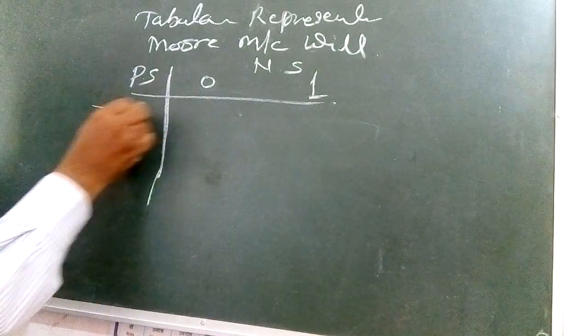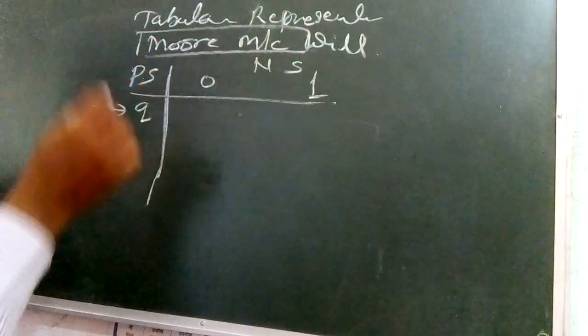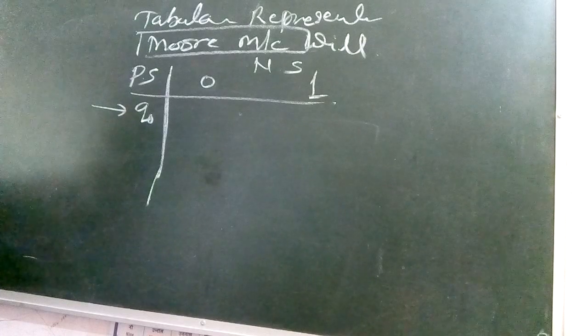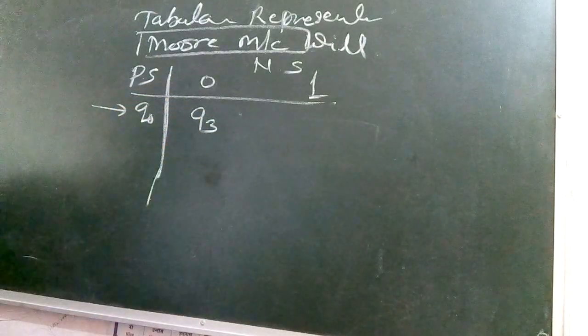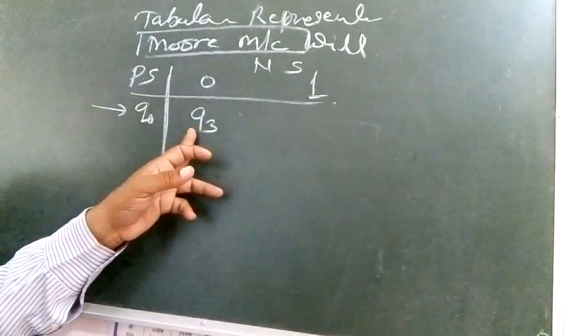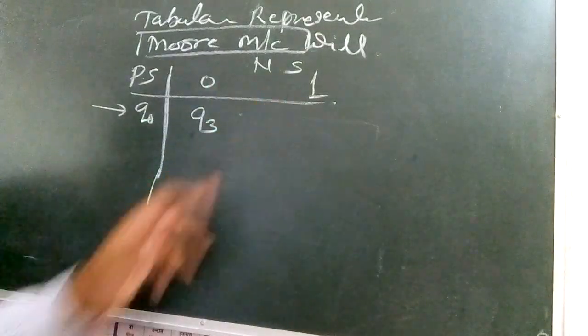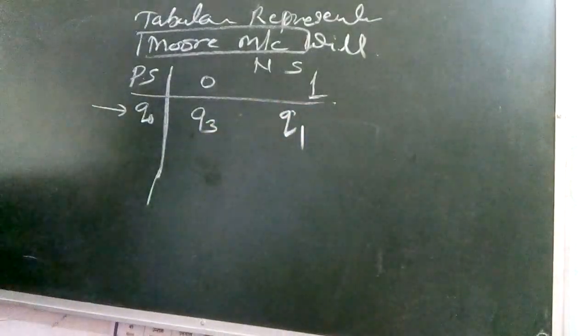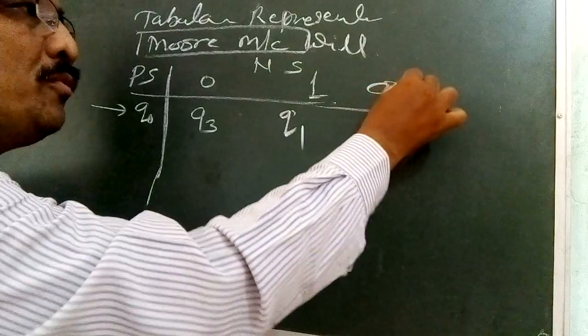For example, this Mealy machine will have initial state q0. For input 0 it will go to q3 state. For input 1 it will go to q1 state, and machine's output lambda is 0.